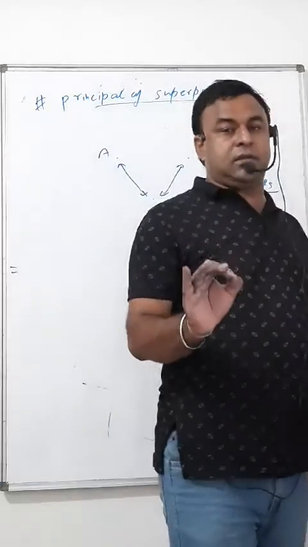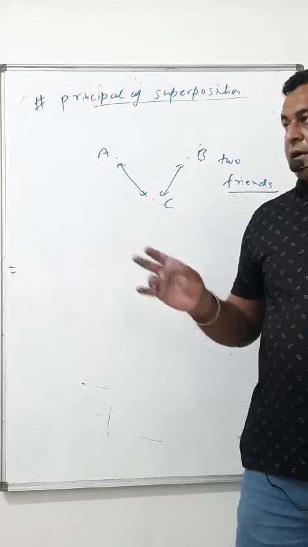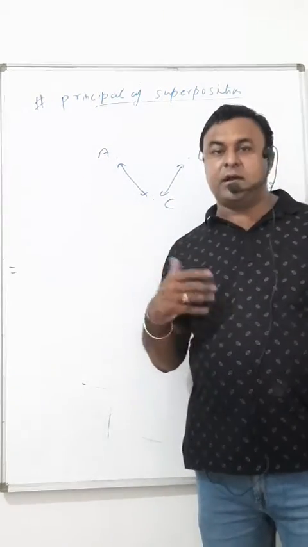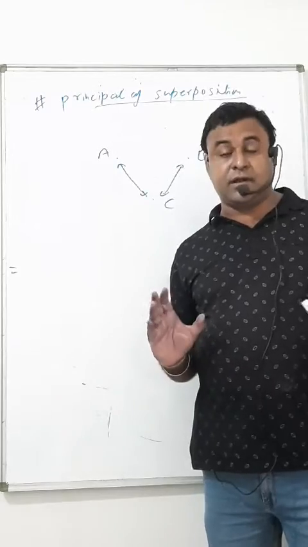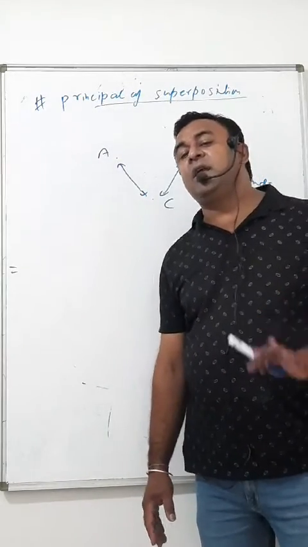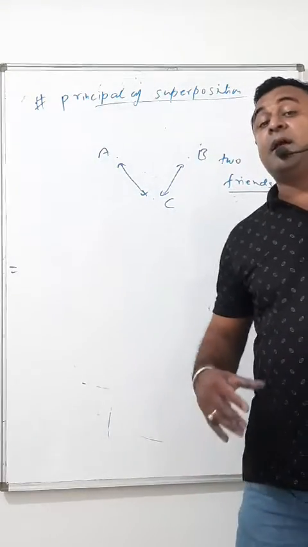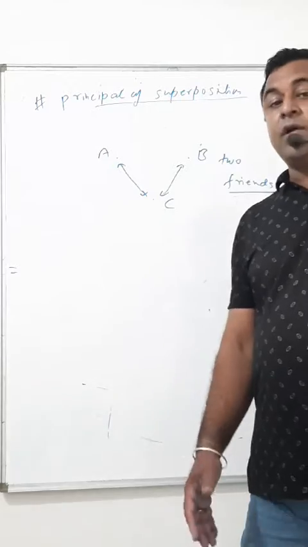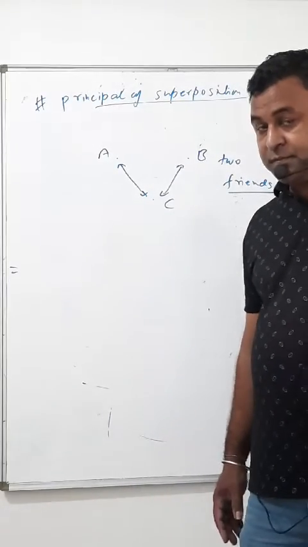Now it is very sure that the interaction of A and B, the level or strength of friendship between A and B, will definitely get changed. It may get strengthened, it may add up new values, or it may decrease also.